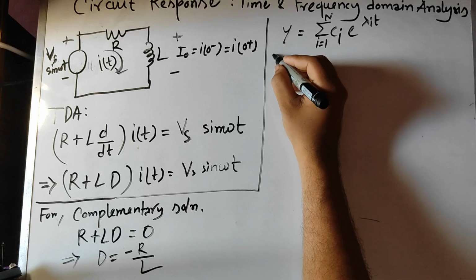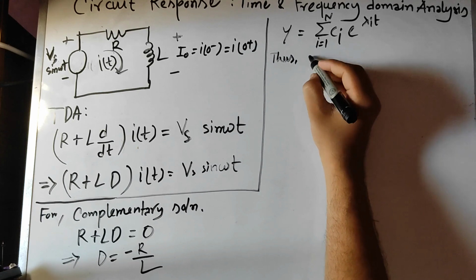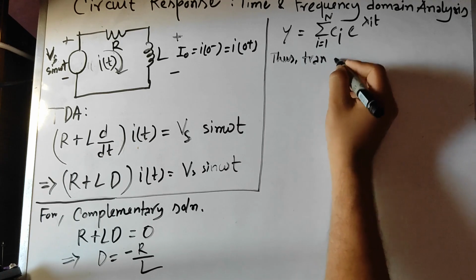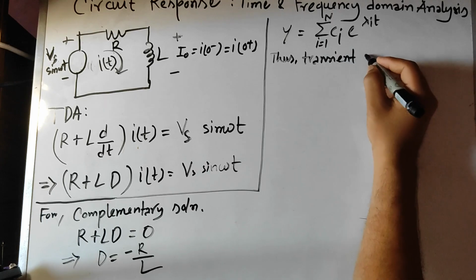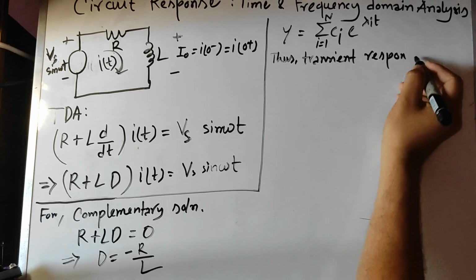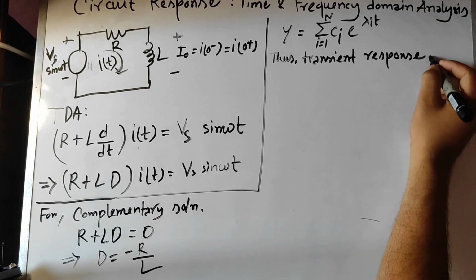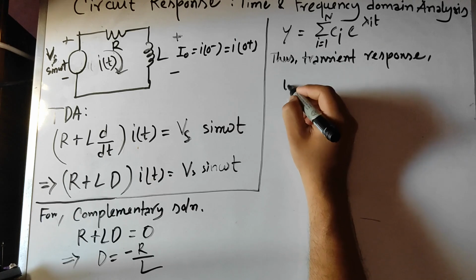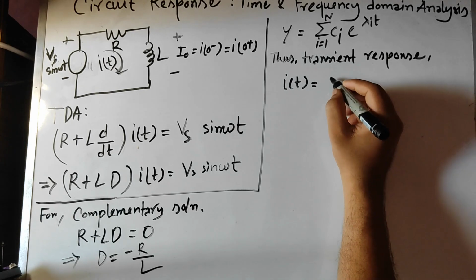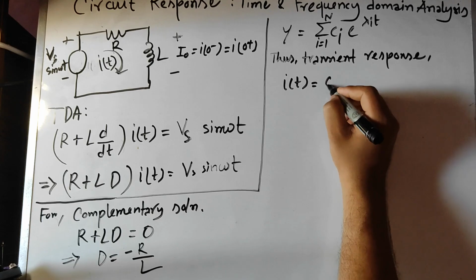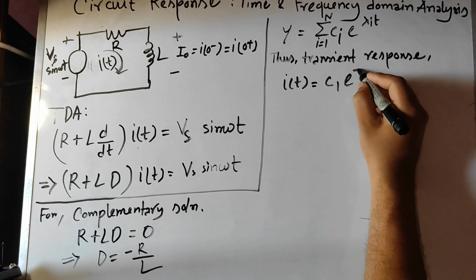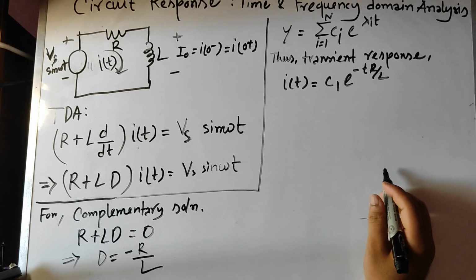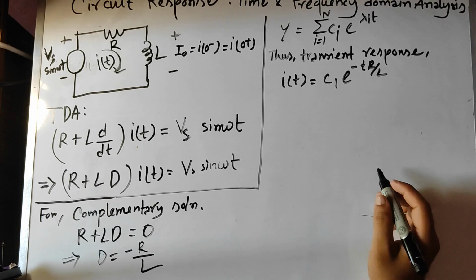Thus the complementary solution, or transient response, of the RL circuit is i(t) equals C1 e to the power minus t R by L. This is the complementary solution.